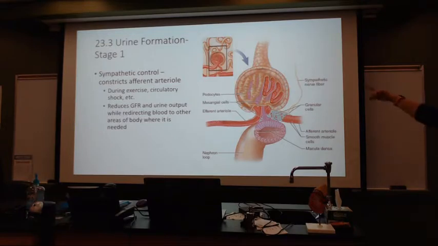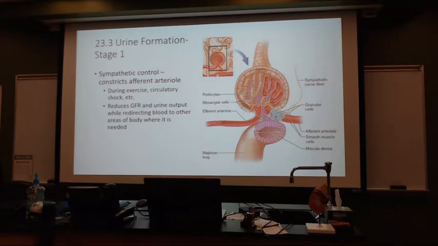So, in stage 1, the way that we can have control over the nephrons, if you remember, we have autoregulation, which is where that glomerular filtration rate, the GFR, is being controlled by the nephrons themselves.